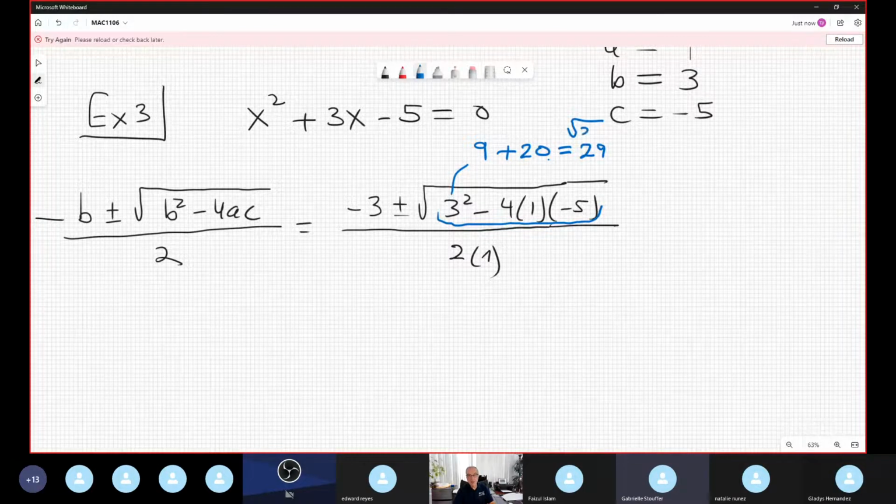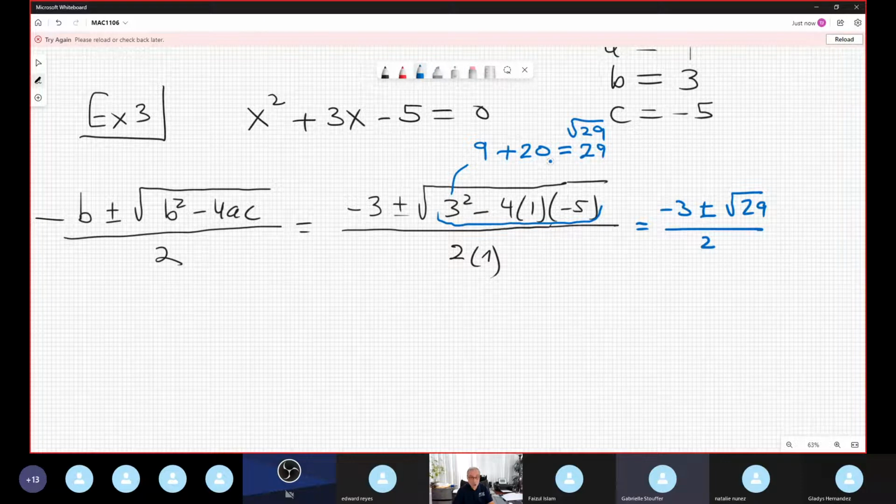And the square root of 29 is the square root of 29. You can put it in a calculator to get the decimal approximation, but I want the exact answer. And 29 is a prime number. We cannot simplify more. So far we have minus 3 plus or minus the square root of 29, divided by 2.